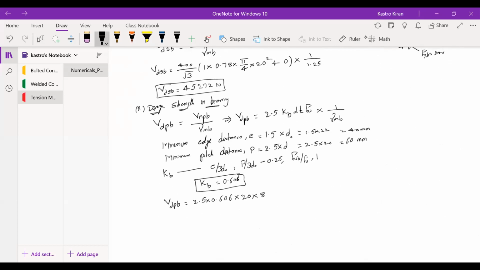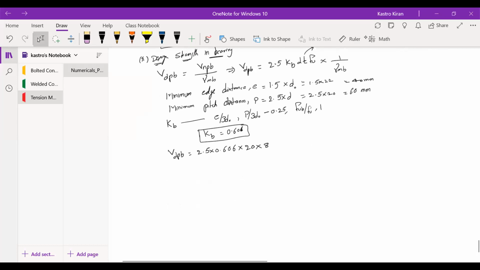So here T will be the thickness of angle section. So that's T into FU is 410 into 1 by 1.25. If you solve for this, the value of VDPB is obtained as 77568 newtons.